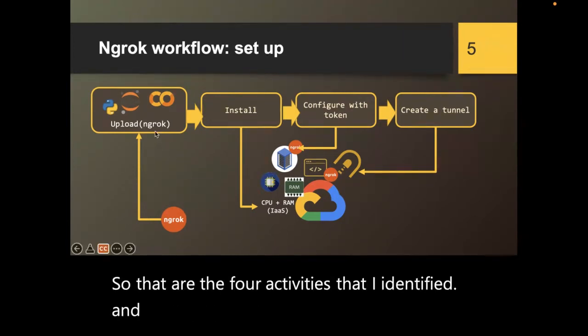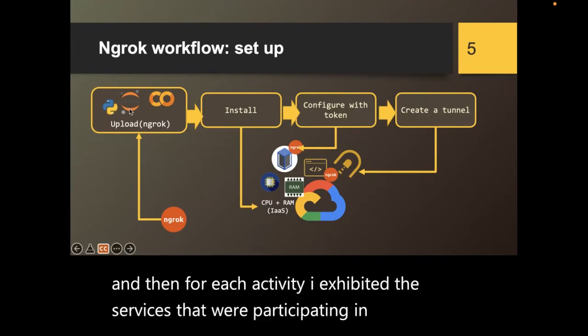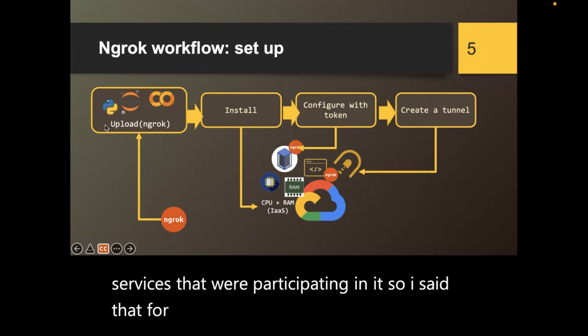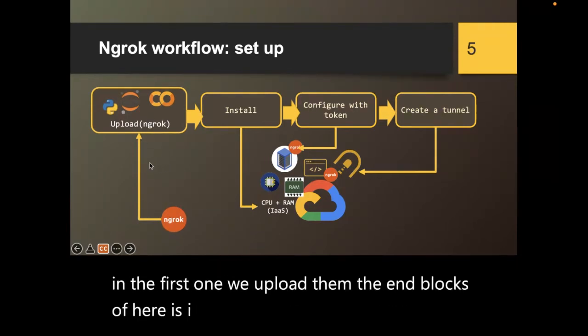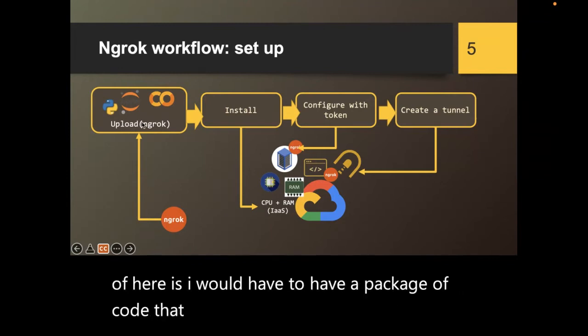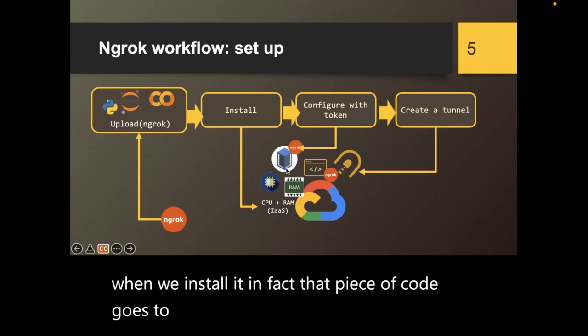And then for each activity, I exhibited the services that were participating in it. So I said that, for example, in the first one, we upload the ngrok. So here I would have a package of code that comes to my activity. Then when we install it, that piece of code goes to the server that we already had running.